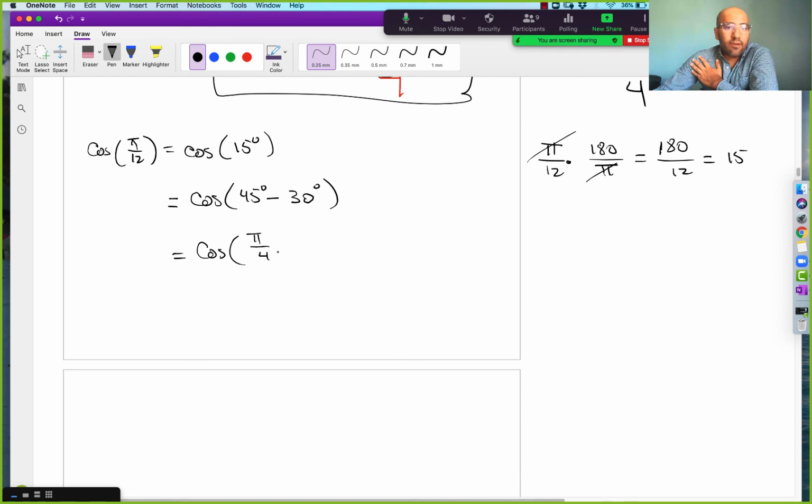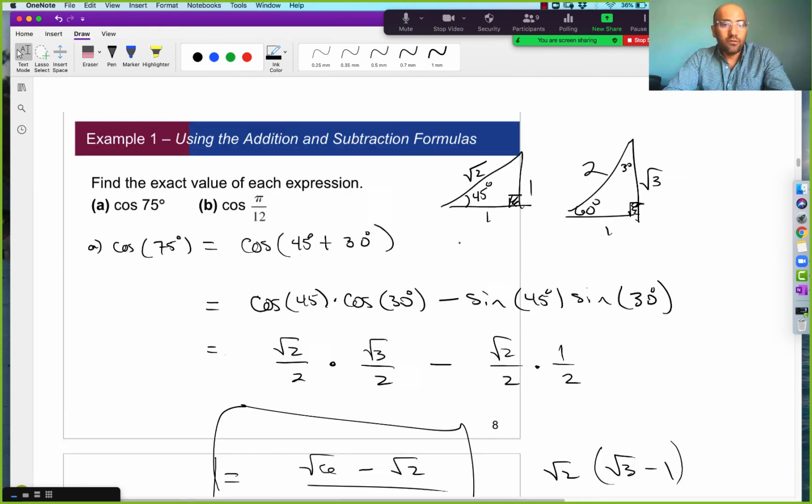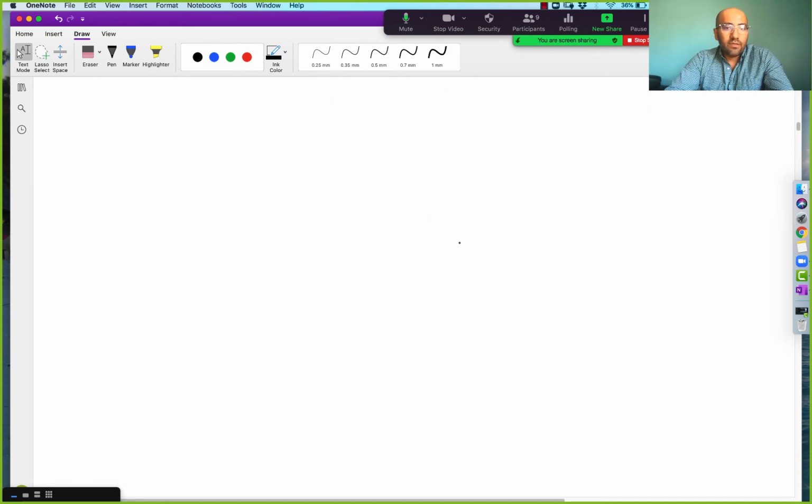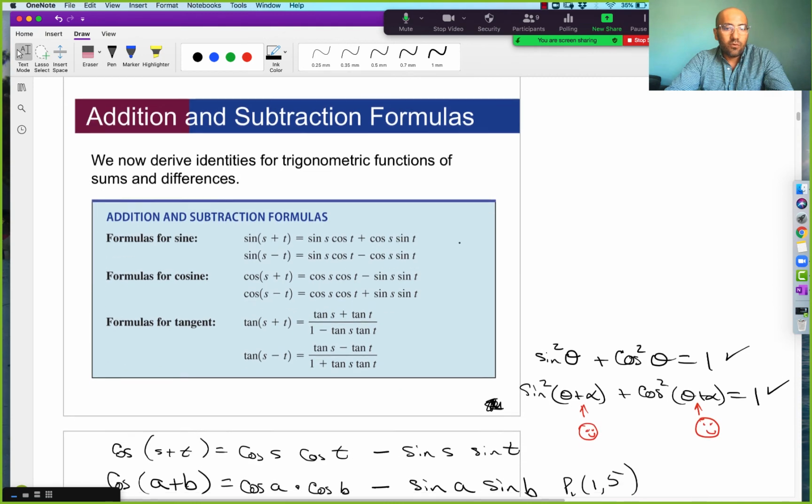That's pi over 4 minus pi over 6. Good. This step is not necessary. Okay, but now we need to figure out what's going on with this subtraction. We know the formula for plus. I didn't prove the formula for minus, and I'm not going to. So you're going to have to rely on your tables or memorize them to be able to find it.